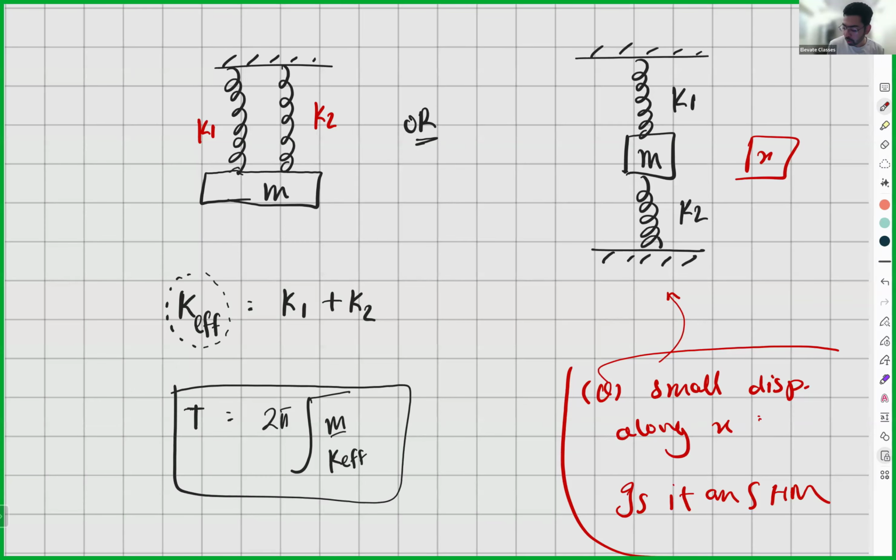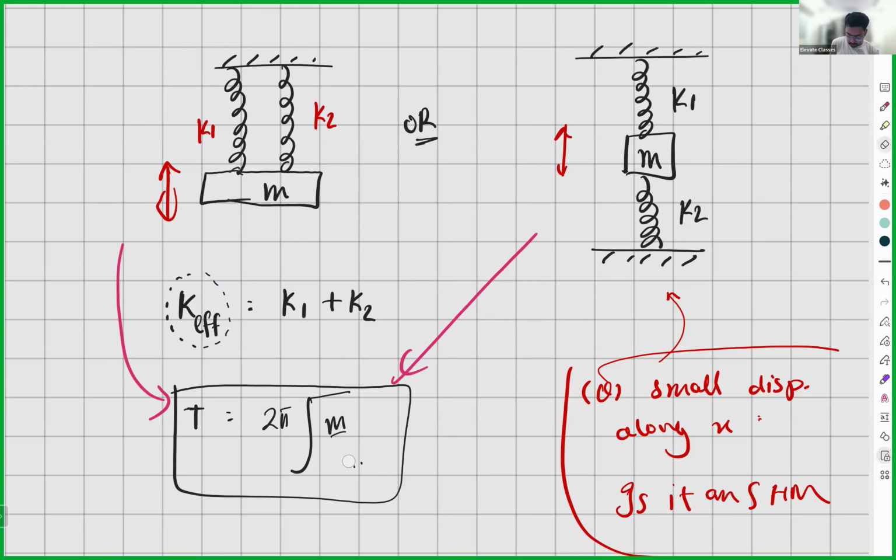If you displace this block in x, this is how the forces act, along this line. Does it become an SHM or doesn't it? That you have to find. But we are talking about Y oscillations. Here also we were interested in the Y oscillations. So coming back to the problem, this system also behaves like this.